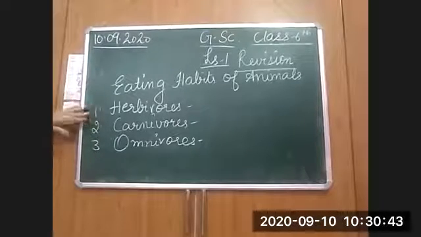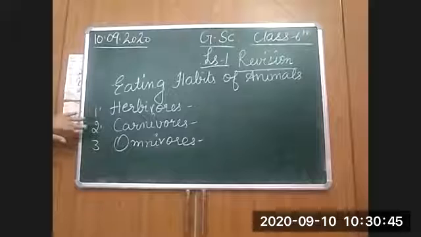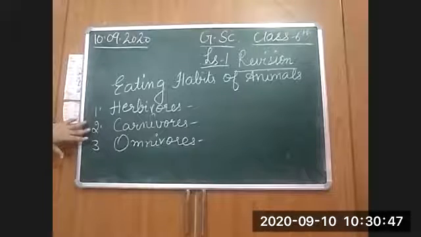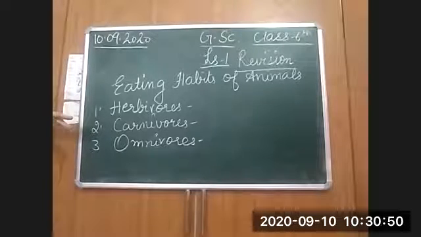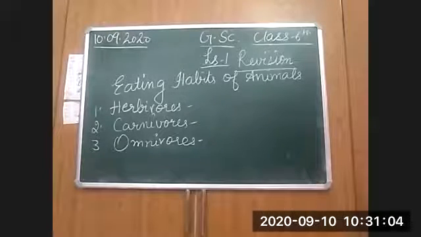Then come to carnivores. Beta, carnivores are the organisms which eat other animals. They depend on other animals for food, right? They have very sharp incisors, right? So they tear the flesh of other animals and then they chew the flesh with the help of very strong molars and premolars.